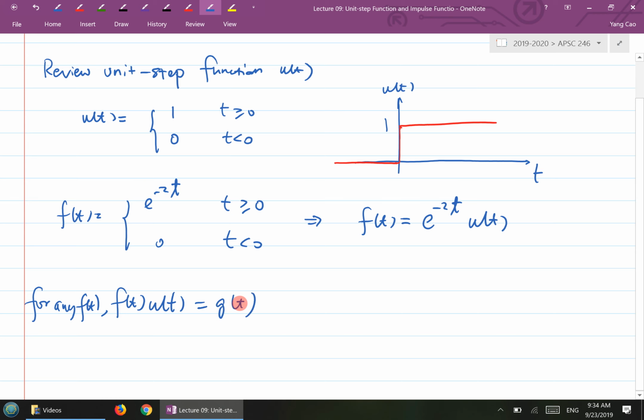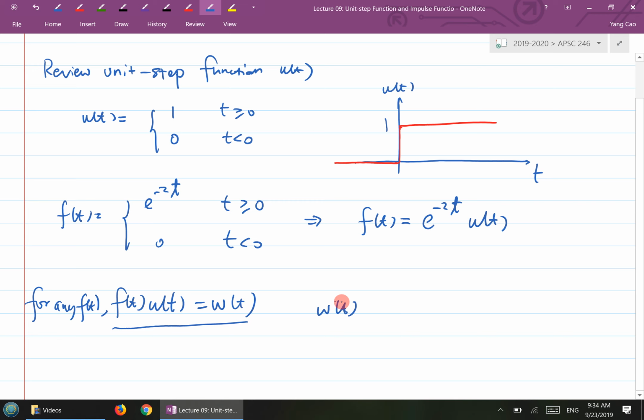Let's call it w of t. So if you have any function f of t and you multiply it by u of t, of course it will give you another time function.